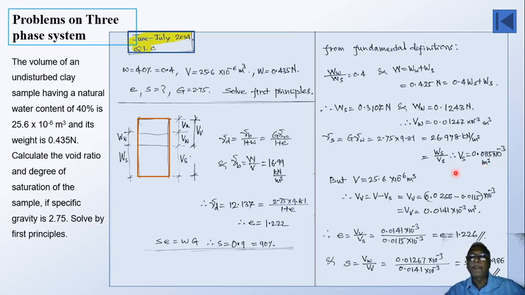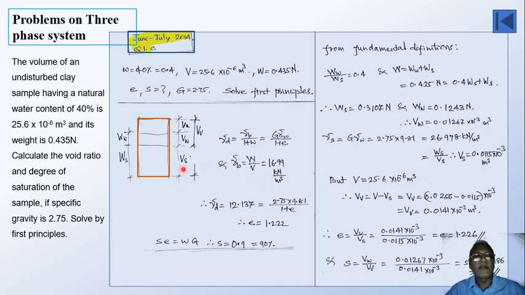But the total volume is equal to 25.6 into 10 raised to minus 6 meter cube from the data. It is given in the problem. I have calculated here volume of solids.